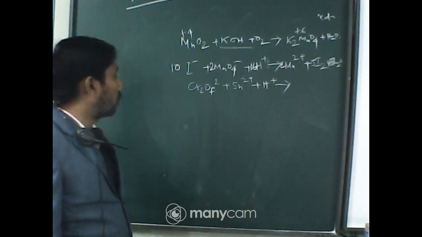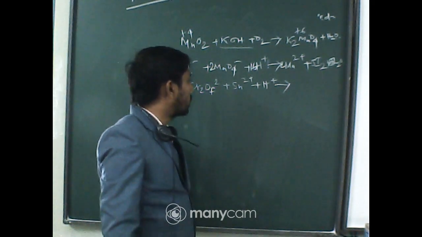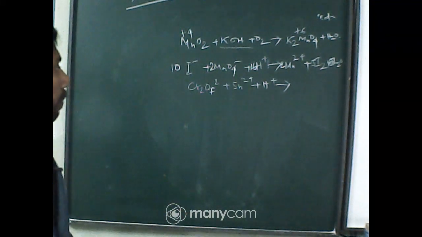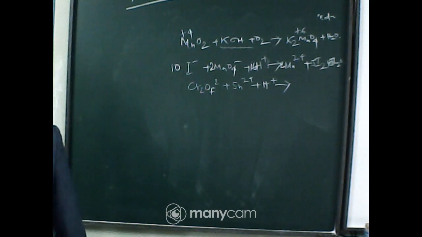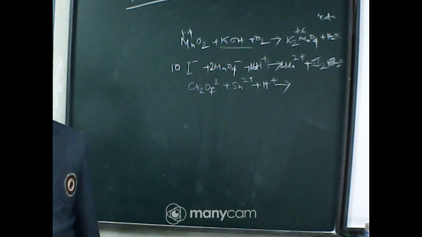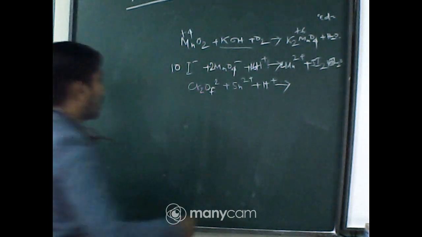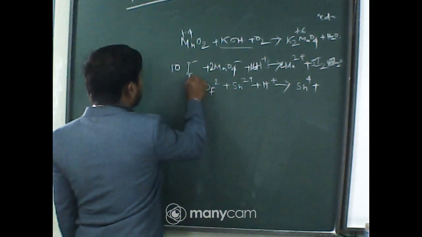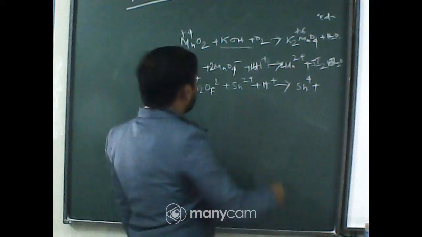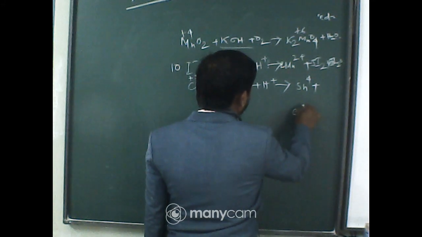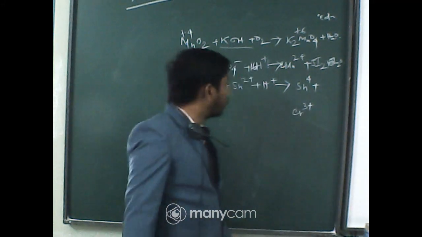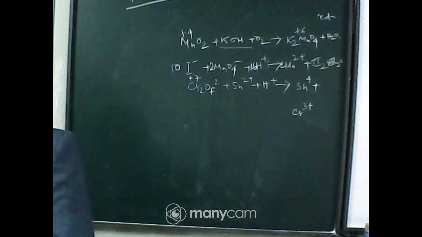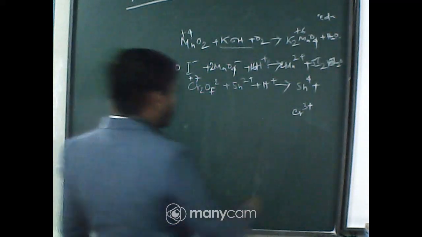Okay. Next one, dichromate. Dichromate is an oxidizing agent. Sn2 plus will be oxidized here in the presence of acid. Sn2 plus will convert to Sn4 plus, and dichromate will be converted to Cr3 plus, that is chromic oxide Cr2O3, and the byproduct is H2O.